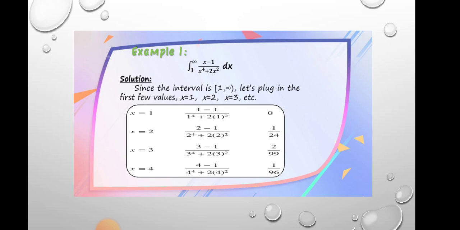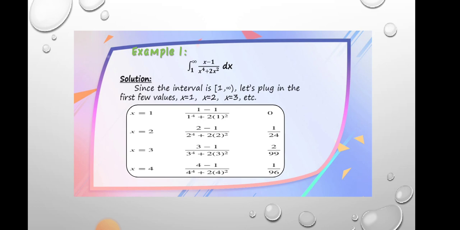So for x is equal to 1, 1 minus 1 over 1 to the fourth plus 2 times 1 squared is equal to 0. For x is equal to 2, 2 minus 1 over 2 to the fourth power plus 2 times 2 to the second power is equal to 1 over 24.